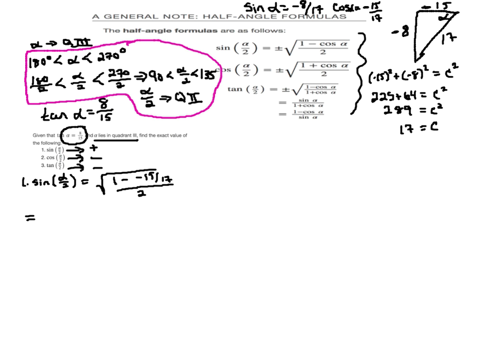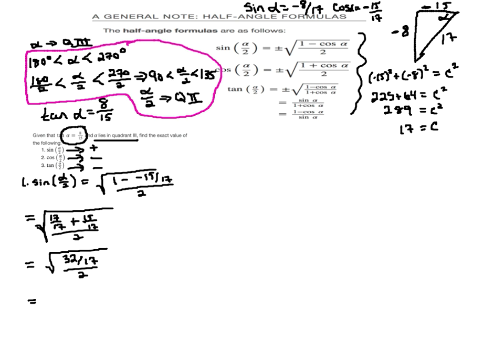Okay, so this is equal to the square root of 1, which is the same thing as 17/17. And now I'm adding, since I have minus a negative, 15/17, and that's still divided by 2, and that's a big square root. The square root of, okay, so 15 plus 17 is 32/17, and that's divided by 2.